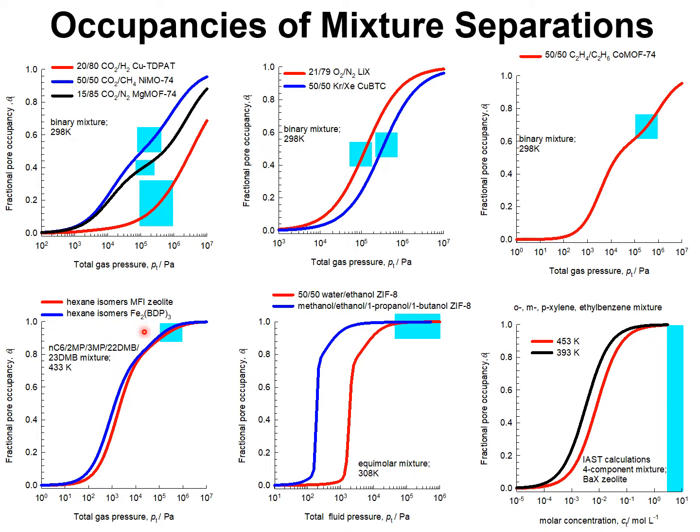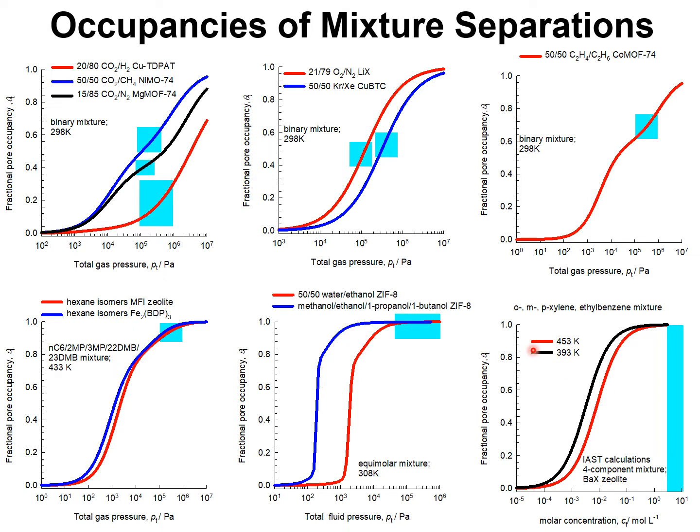These are separations of hexane isomers, where at conditions normally used in industry, the pore occupancies are about 0.9. For water ethanol mixture separations, operating under ambient conditions, we could have pore occupancies close to saturation.